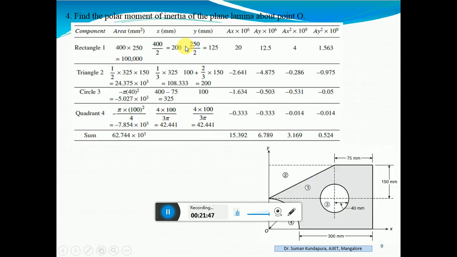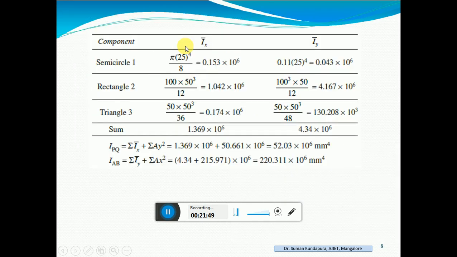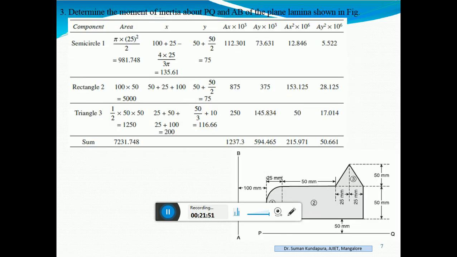Now I have to calculate the x distances and the y distances. For the semicircle, from the reference line AB, what is the distance? This is 100 plus somewhere here your semicircle CG will lie, right?